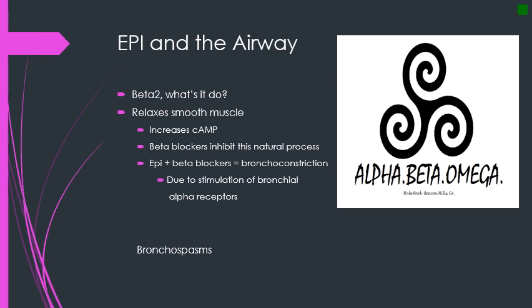If you're giving high dose epinephrine, you can actually stimulate those alpha receptors. These can produce some terrible pulmonary hypertension, which will actually decrease the perfusion to the lungs. You've got a patient that's on beta blockade and you're giving them high dose epinephrine.